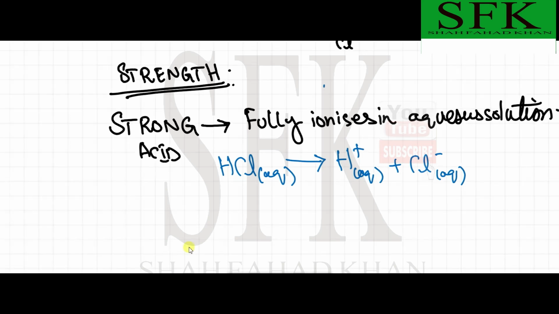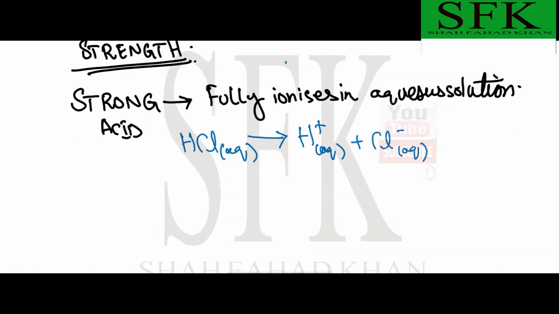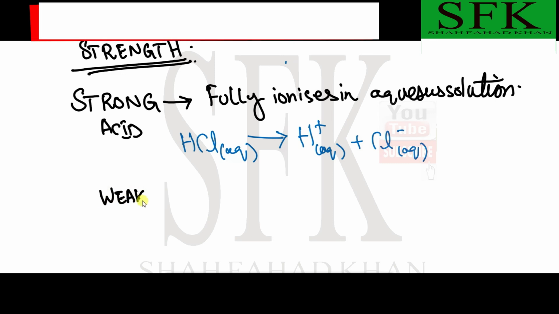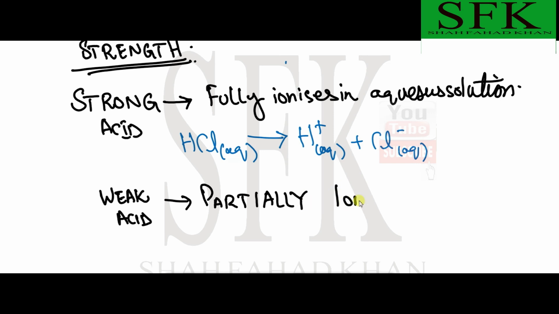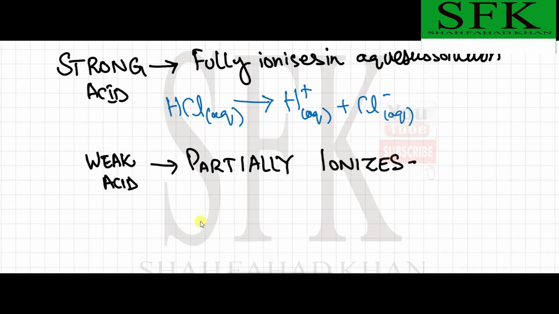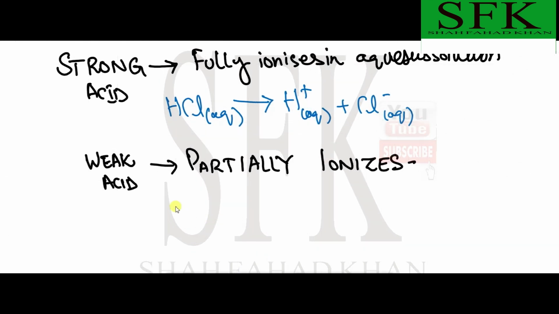Now, as compared to a strong acid, a weak acid is any acid that partially ionizes in aqueous solution. Examples of weak acids are the organic acids, which include methanoic, ethanoic, propanoic, butanoic acid. They are weak acids.